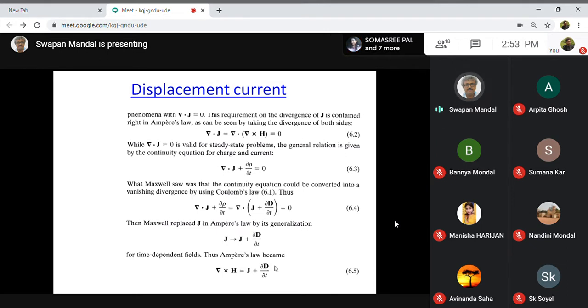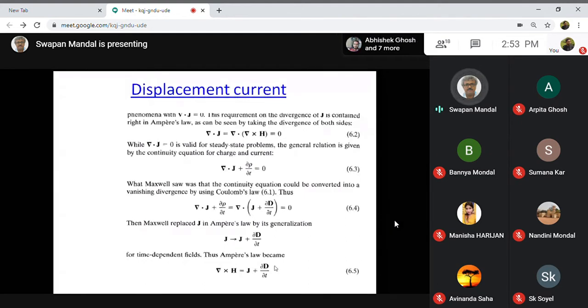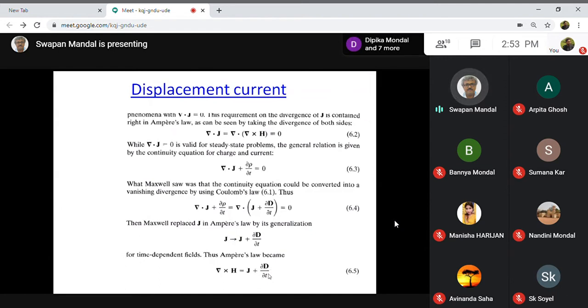And you know that the electromagnetic field is the basis of modern civilization. So sometimes we say this term is responsible for modern civilization, because without the electromagnetic field, everything would be lost.